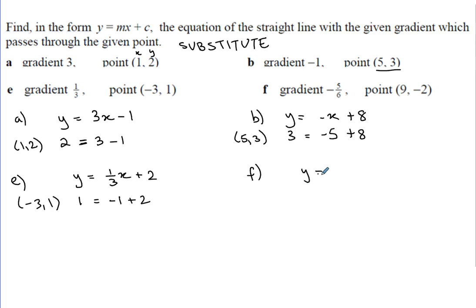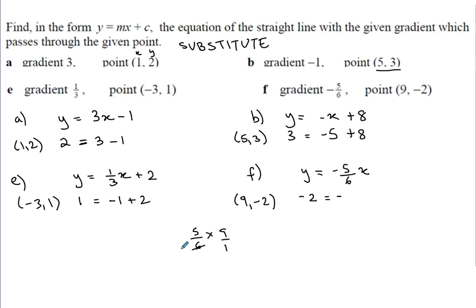y equals minus 5/6 x. Oh, this one's a nice, interesting one. Okay, and then we substitute the point, 9, minus 2. So we'll put minus 2 equals, and again, I'll put the minus first. So we're doing 5/6 of 9. So 5/6 times 9. I hope you're okay with cross dividing.